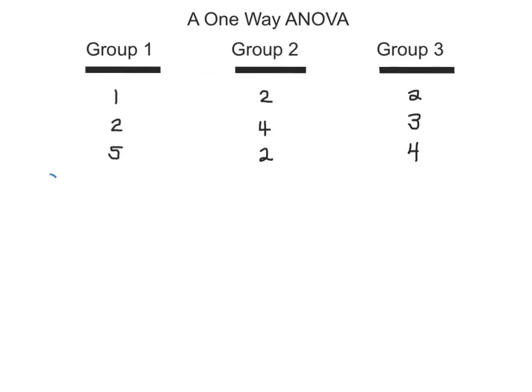Now we're going to find the total sum of squares, or sum of squares total. That's going to be a sigma for sum, and we're going to sum up the difference between each x value and the grand mean, and square that.